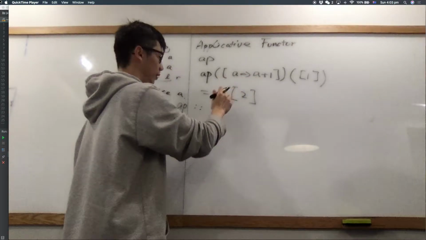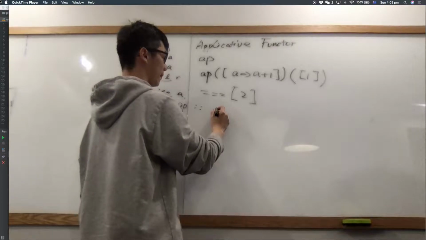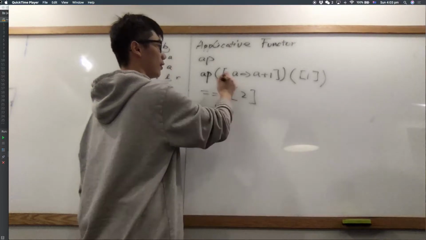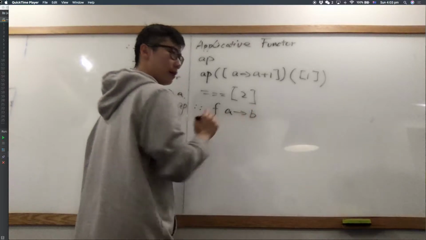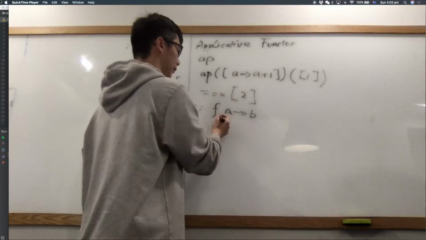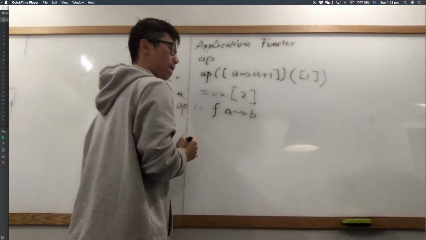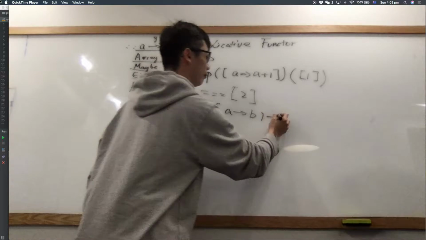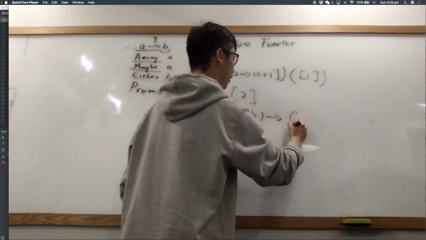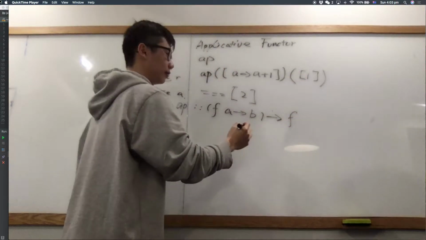Let's be general here. First, it's a functor, right? Of A to B. It's a function, a functor containing a function. The second parameter it takes is a functor of what? A or B?